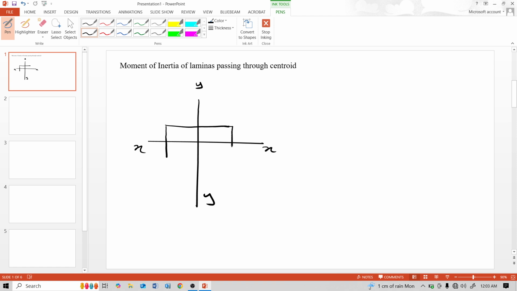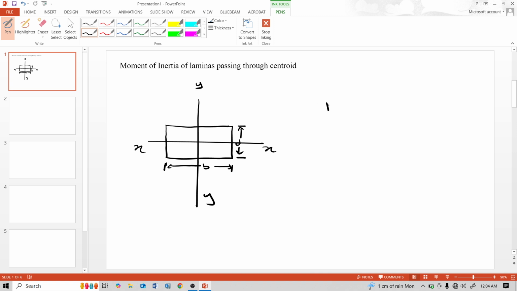That means this x and y axis are passing through the centroid of the rectangle. This is B and this is D.